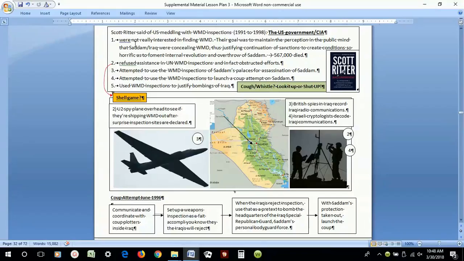So Scott Ritter said that U.S. meddling with WMD inspections between 1991 and 1998 was by the U.S. government and CIA, who were not really interested in finding WMD. Their goal was to maintain the perception in the public mind that Saddam and Iraq were concealing WMD in order to justify continuance of stranglehold economic sanctions, which would create conditions so horrific that they would foment an internal revolution and thus overthrow Saddam.